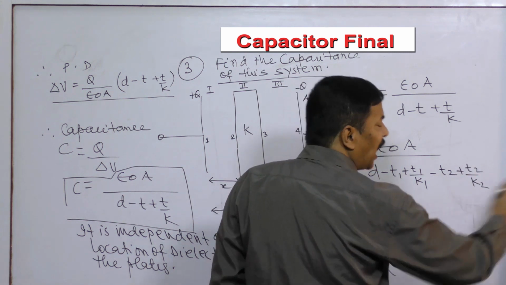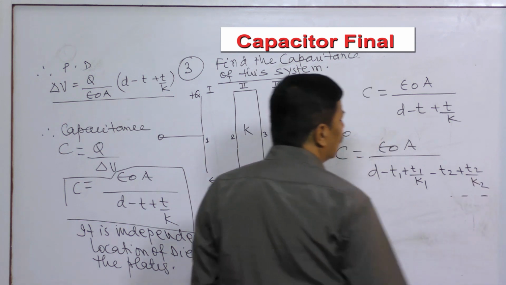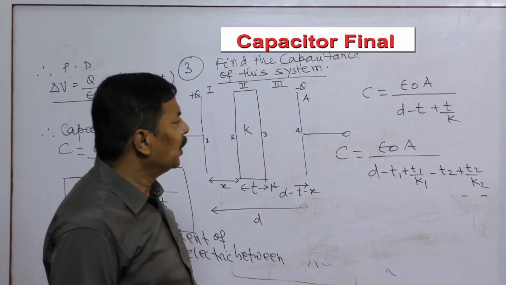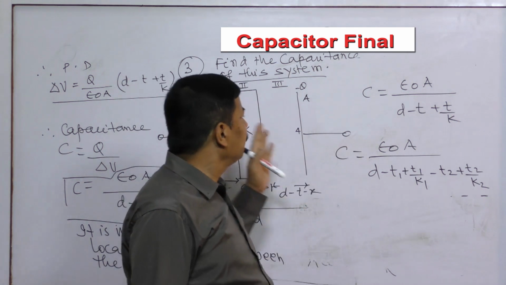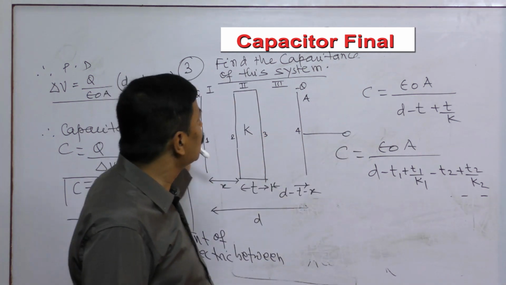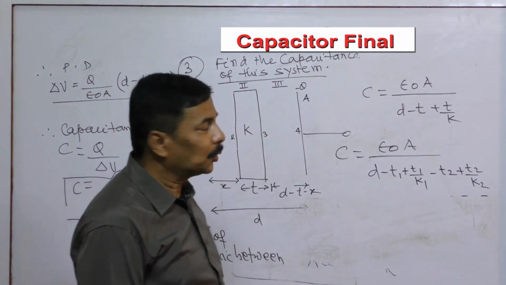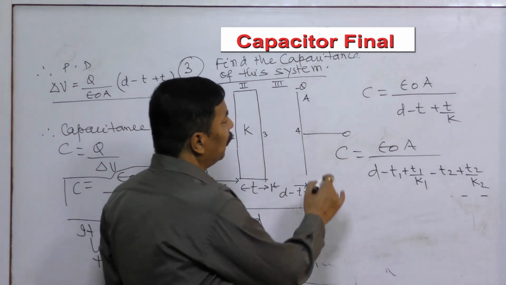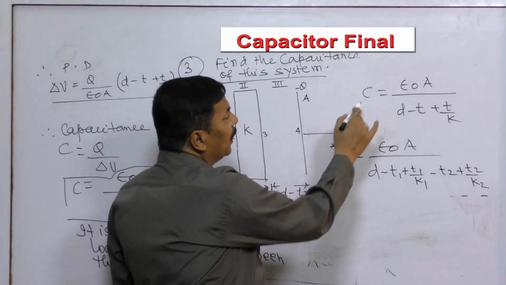If there are a number of them, you can continue, and this will give you the capacitance of the parallel plate capacitor with many dielectrics. So you should understand this. It is very helpful to remember this formula.